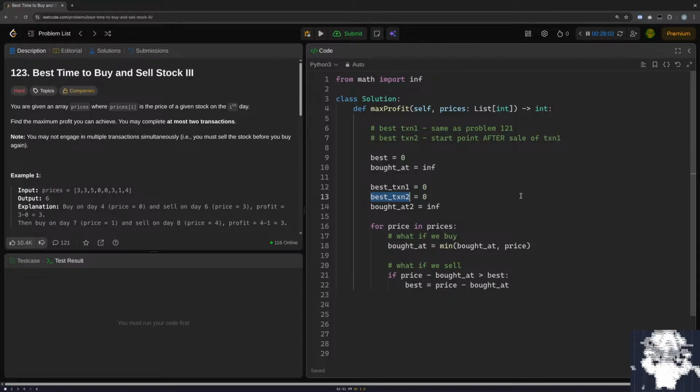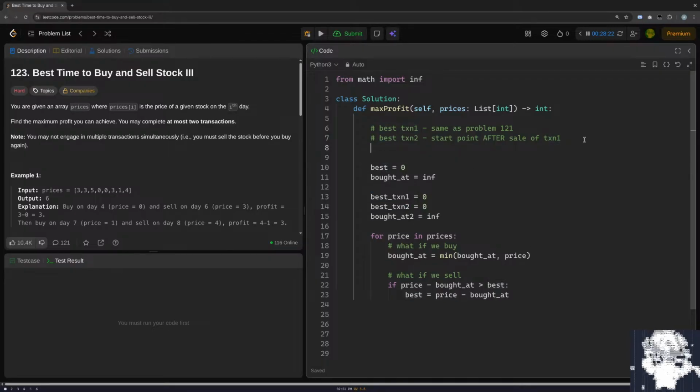Although splitting the overall best transaction means it will be the best transaction.